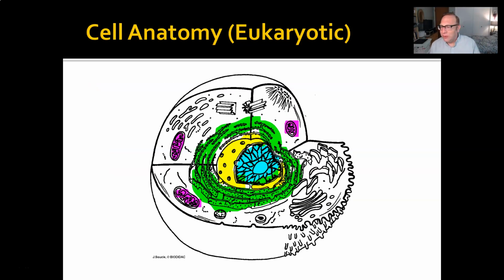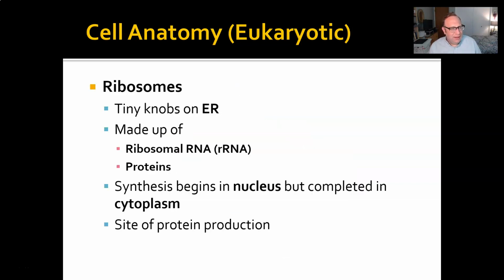Okay, that's the green, the stuff I colored green here. And the tiny dots would be the ribosomes, represented here. They're actually much smaller than that. So those ribosomes, by the way, are made up of their own RNA, not DNA, RNA. And we call it ribosomal RNA, or rRNA. See, it all makes sense. These scientific terms are all based in some kind of logic, right? And it is itself made up of proteins, but it is involved in producing proteins as well.